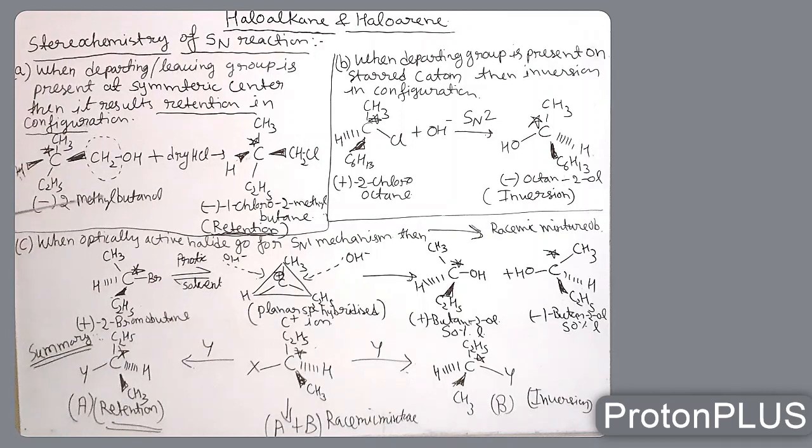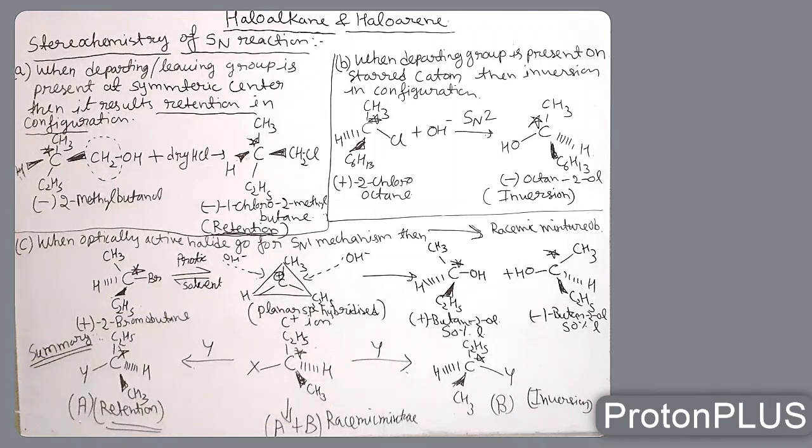In overall, we can summarize: if the SN2 mechanism is followed for an optically active halide, then there will be inversion in configuration. And when an optically active halide goes for SN1, due to this intermediate planar sp2 hybridized carbocation, the attack is feasible from both directions. It will result in 50% dextro and 50% levo, that is a racemic mixture.